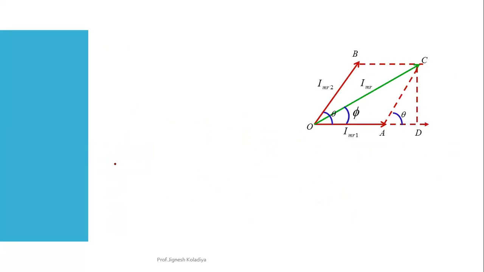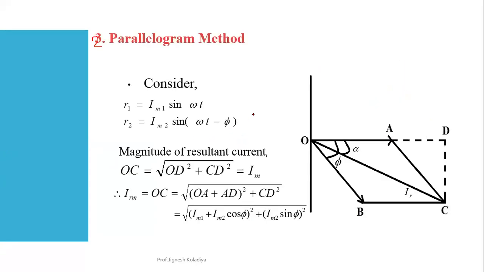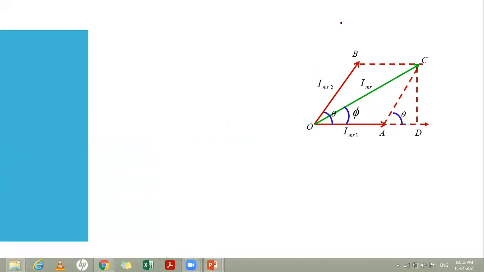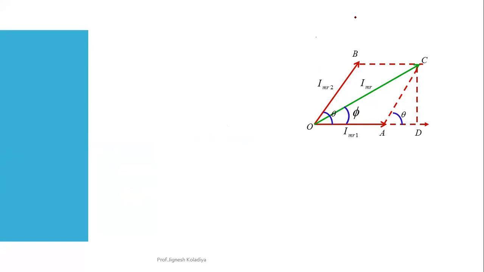So here you can see the parallelogram method. I can write two equations over here. One is IMR1, it's an RMS value, okay?